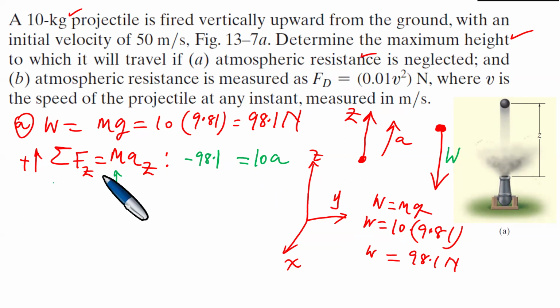But we chose upwards as positive, so the weight is straight down, so it's negative. And the mass is 10 kilograms, and the acceleration is a. We want to find the acceleration, and we find it as minus 9.81 meters per second squared.